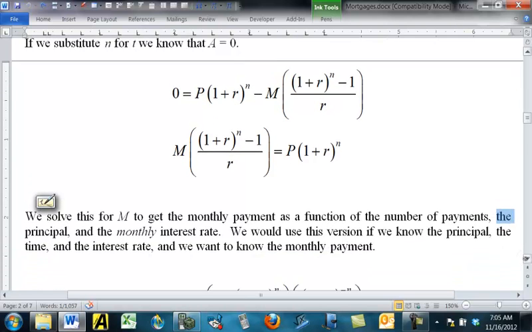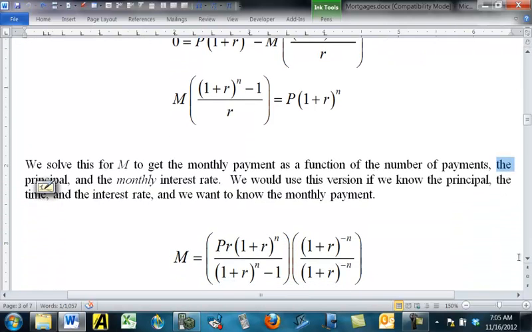So the first thing is, well, how do you figure out your monthly payment? Well, I'm going to multiply both sides by R and divide by 1 plus R to the n minus 1. And so we get P times R times 1 plus R to the n over 1 plus R to the n minus 1.